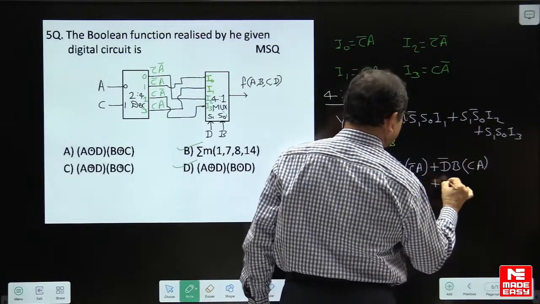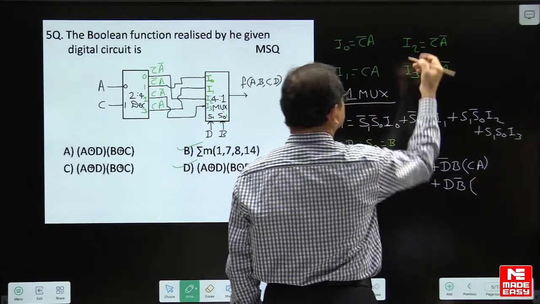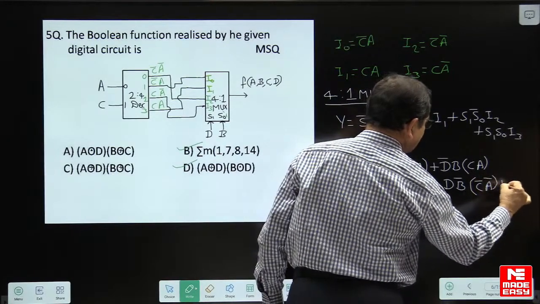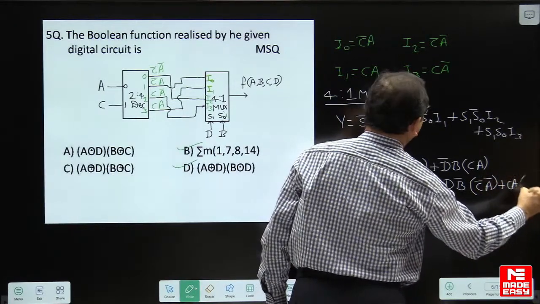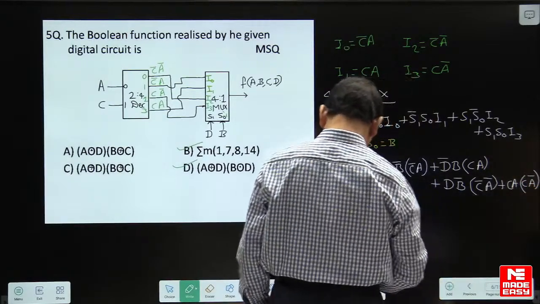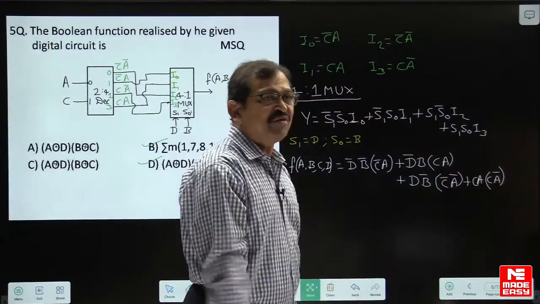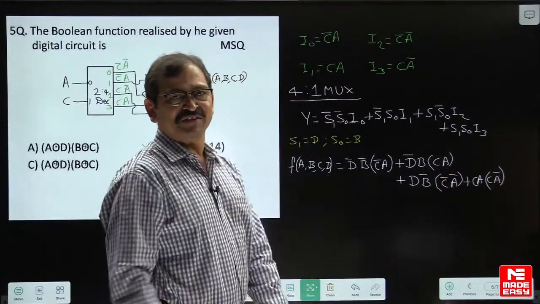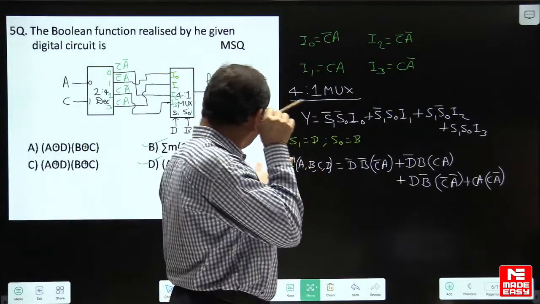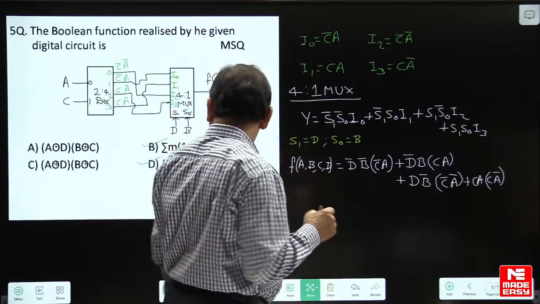Next D B complement, I2 is C complement A complement. The last term is D B, I3 is CA complement. So based on the connections of the multiplexer, this is the equation. Now from this we are able to recognize which are the correct answers.